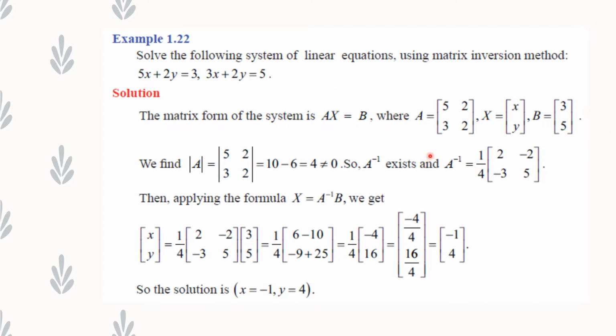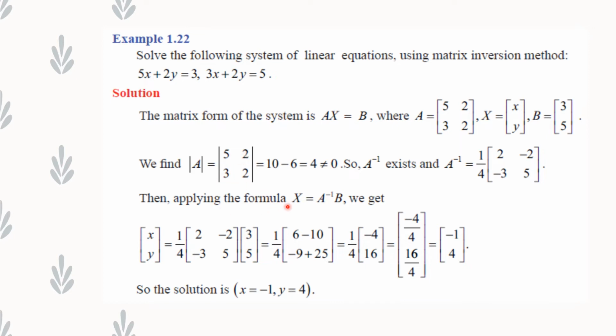Then we have to find the determinant of A, which is not equal to 0. So A inverse exists. Then you have to find the adjoint matrix. Then by using the formula A inverse equal to 1 by determinant of A into adjoint of A. For 2 cross 2, you find the adjoint by interchanging these two elements and changing the signs of these two elements.